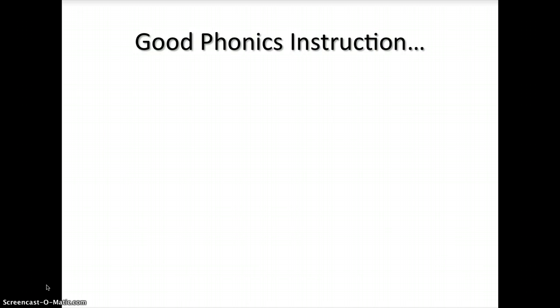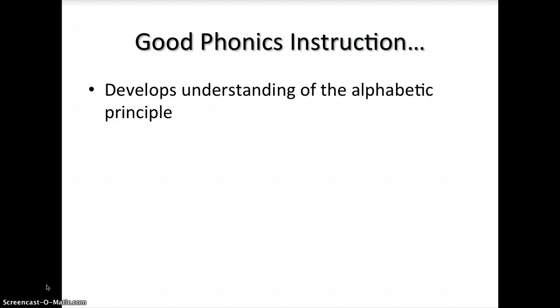So, moving into good phonics instruction, the first thing would be to make sure we are developing this understanding of the alphabetic principle in our students. We've talked about the alphabetic principle already a little bit, and we should all have a grasp of what it is, but let's discuss it in more detail. It can be thought about as two parts.